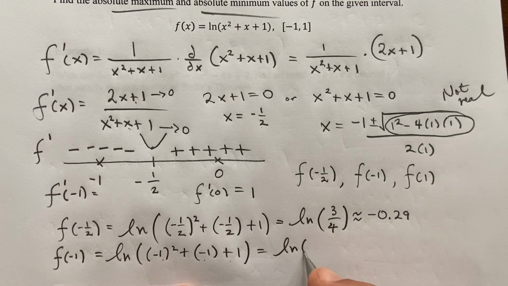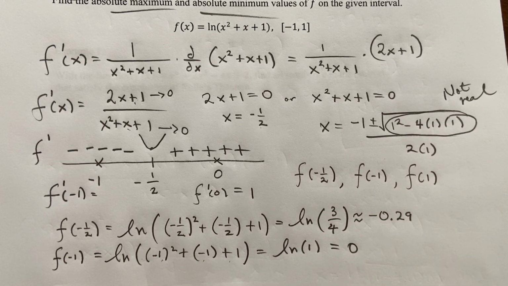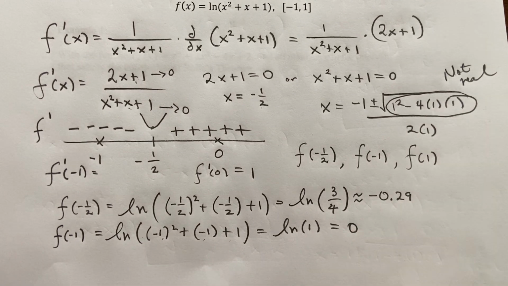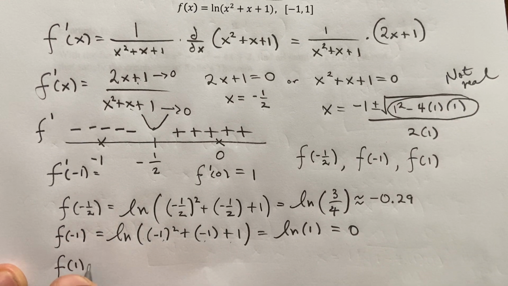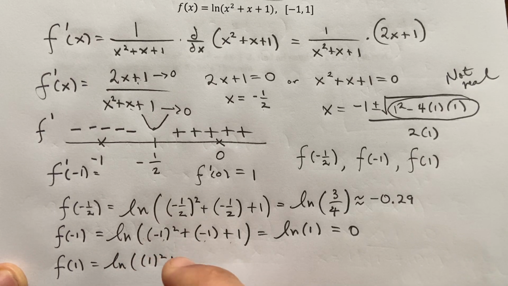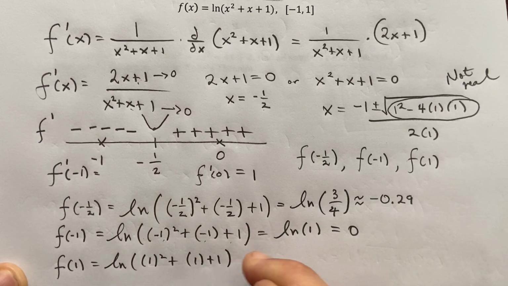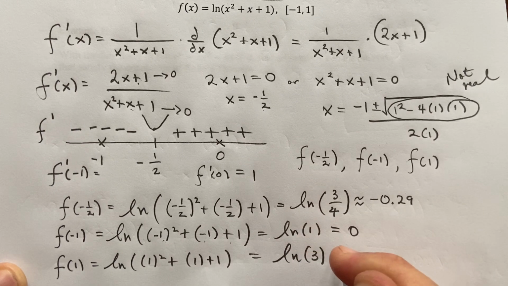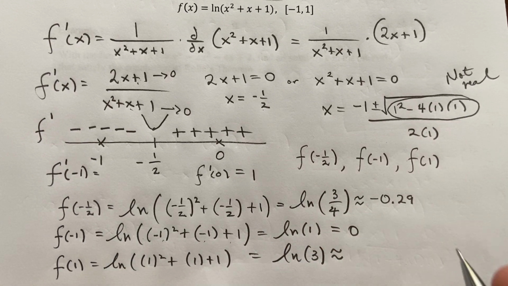This is ln of 1, which is 0. And then f of 1 is ln of 3, about 1.1.